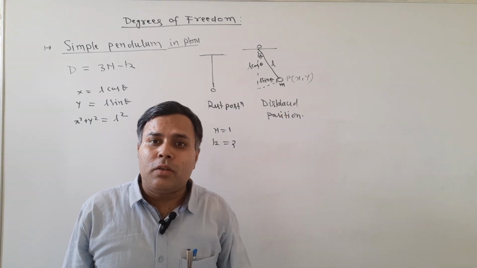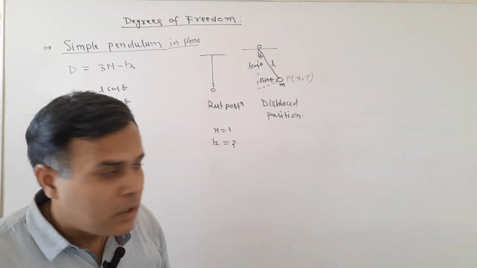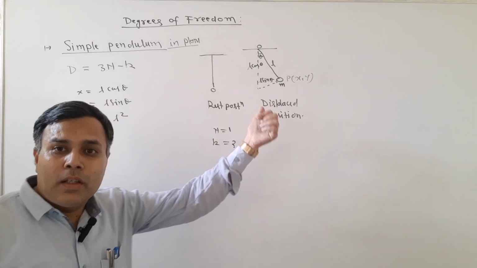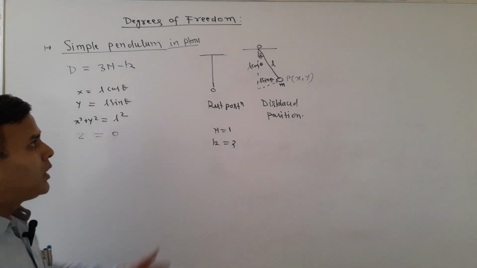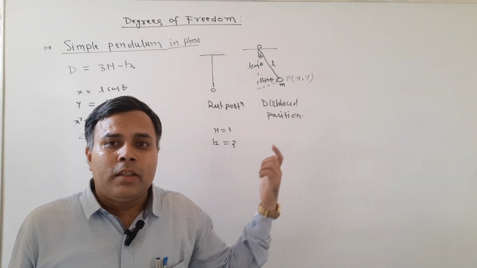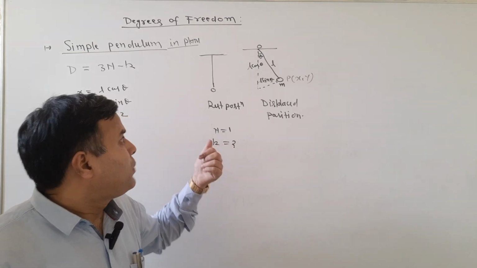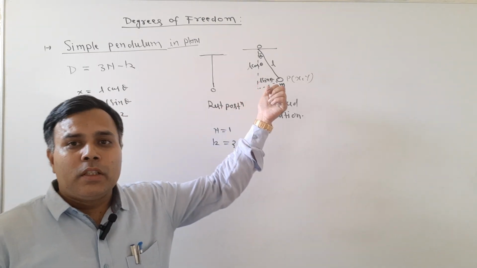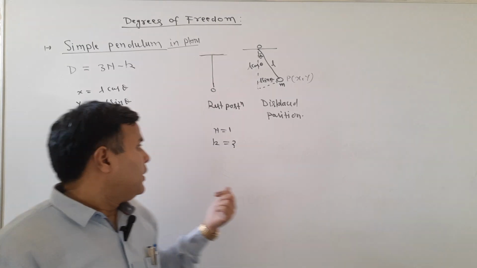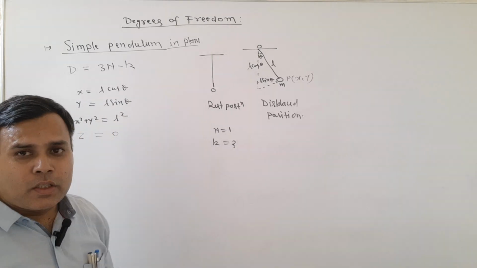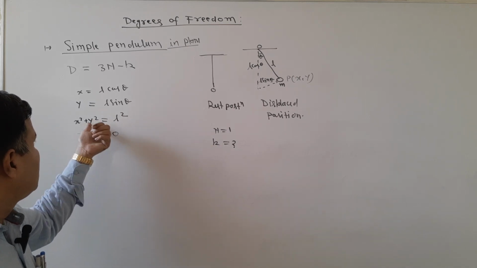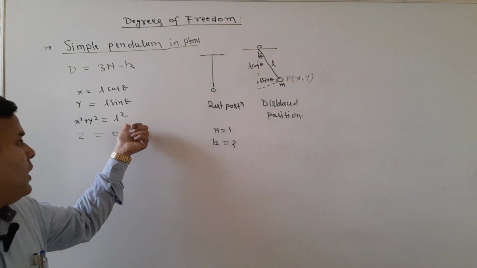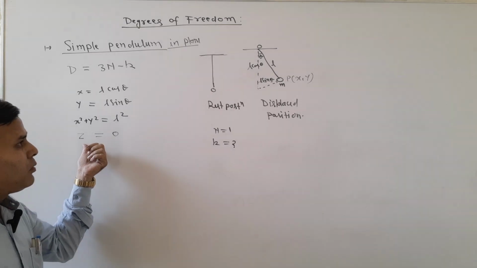So if there is no z coordinate, there is one more equation of constraint corresponding to the z axis. So we have z equal to 0 because our pendulum is in a plane. So we have two equations of constraints: one is x square plus y square is equal to L square, and the other is z equal to 0.